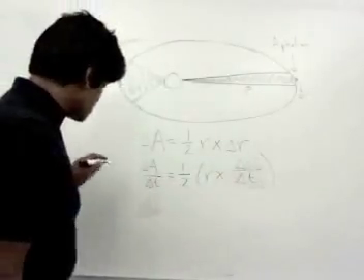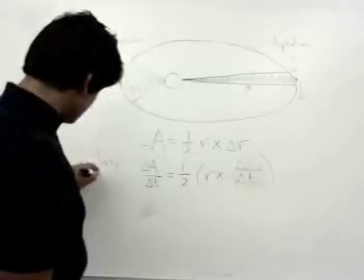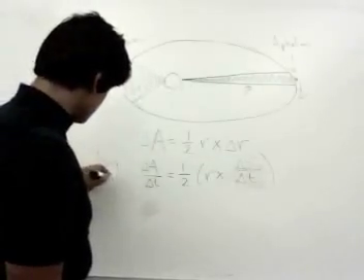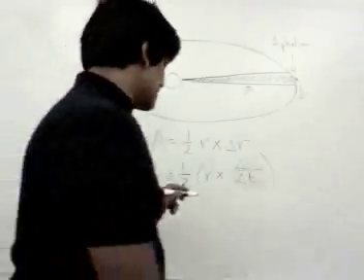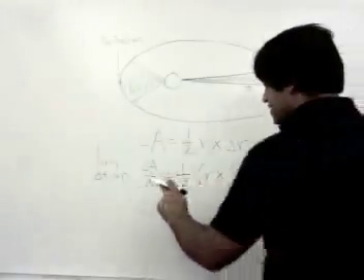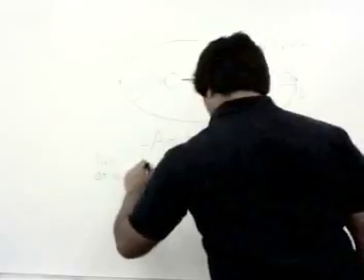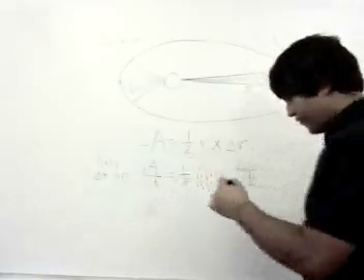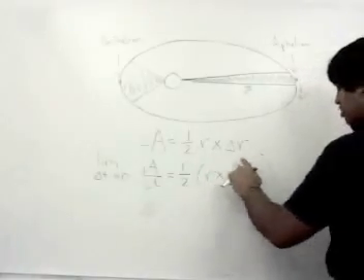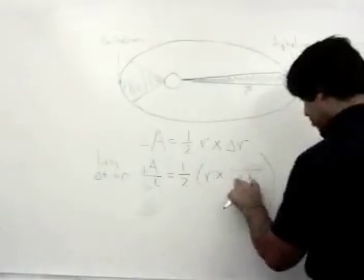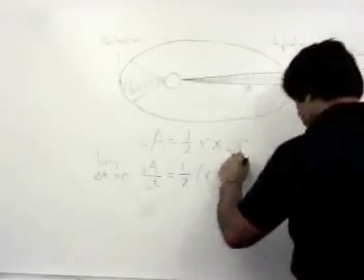What we're going to do is take the limit of this as delta t approaches 0. And what happens is that as delta t becomes smaller and smaller, this becomes dA dt, or the derivative of area with respect to time, equals 1/2 r crossed with dr dt, which is the amount of distance it moves with respect to time.